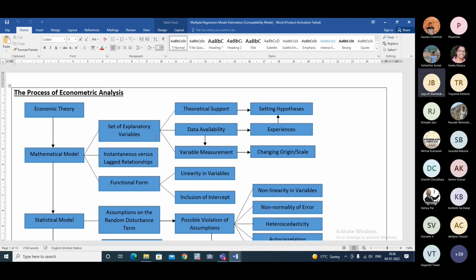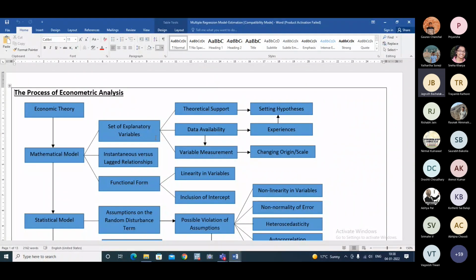You have studied in macroeconomics how increasing consumption expenditure can influence income level as well. So the simultaneity bias, bidirectional causality is very likely. So when we write Ct as a function of yt minus 1, actually we are ruling out the possibility of the causal relationship from Ct to yt minus 1, because current value cannot influence the past value.